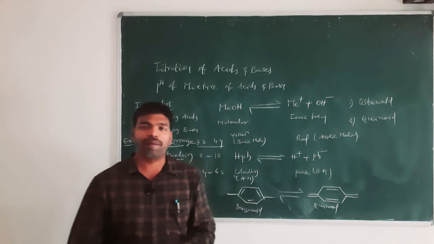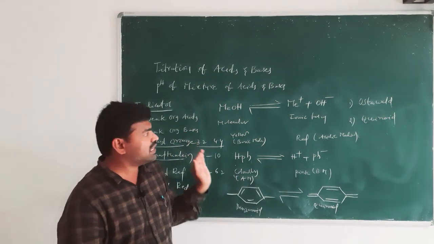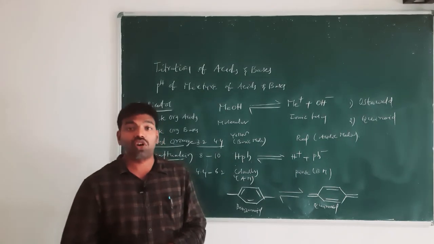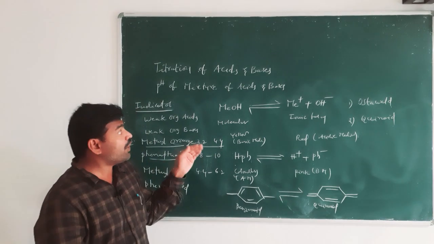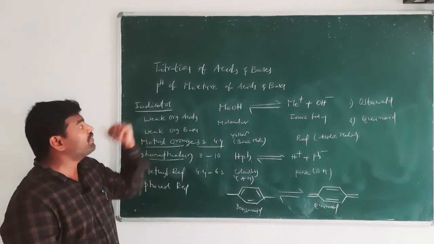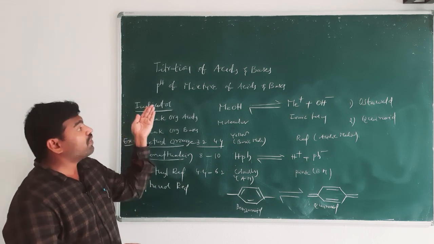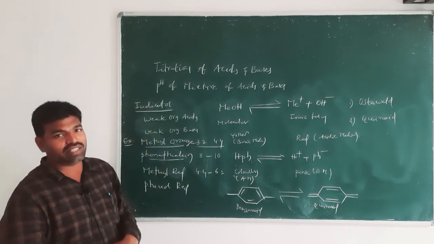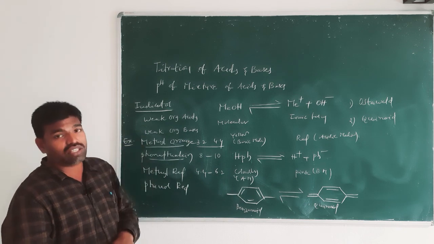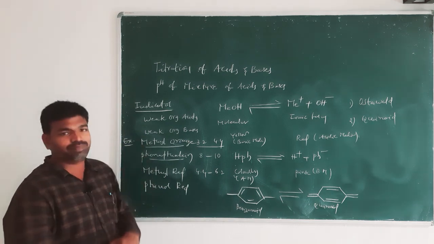So, I hope you all understand the terminology of titration, because we are doing problems in the next video, that is titration of acids and bases, that is pH of a mixture of acids and bases. So, to understand that concept we should know this terminology.